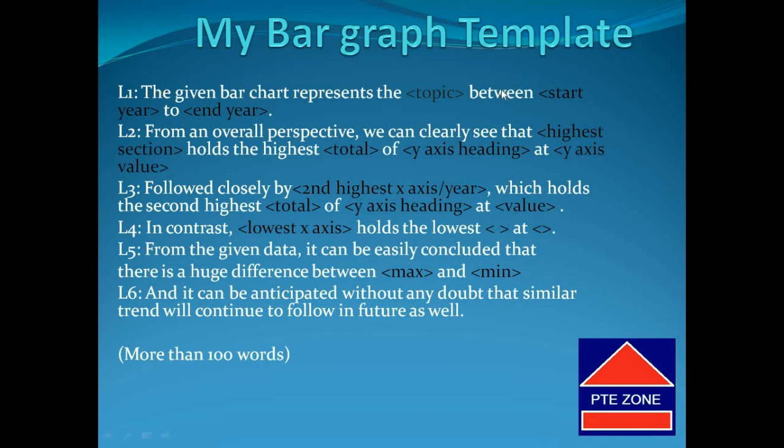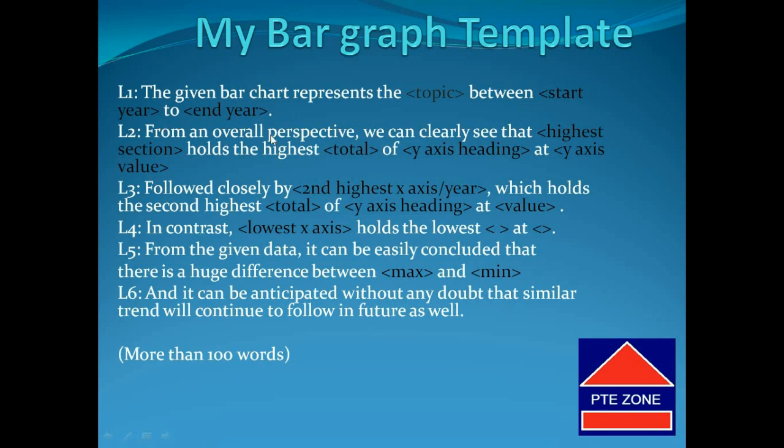So you need to learn this template by heart, and you need to just add the information in these templates. If you learn all these things by heart, it will be very easy for you to speak whenever you see a bar graph. So how I will speak is that the given bar chart represents the topic between something to something.